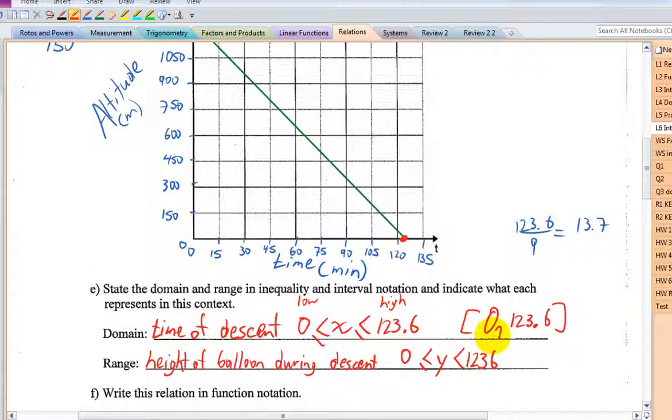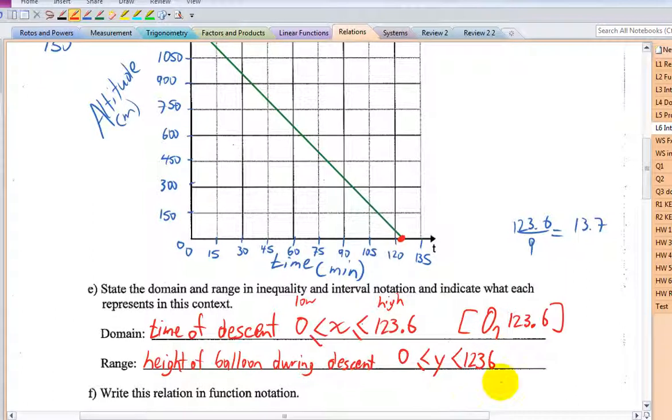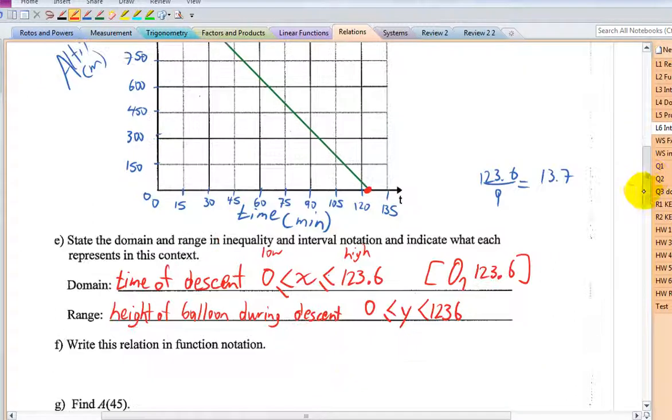Okay. Please put that into interval notation now, please. The low value is 0. The high value is 1236. And you should be using square brackets because we can equal those values as well.